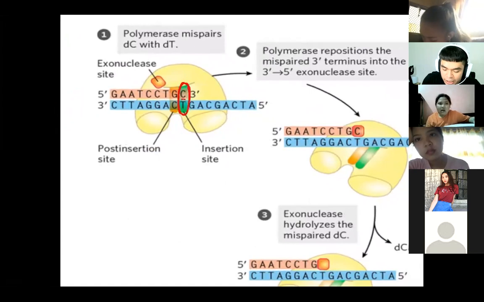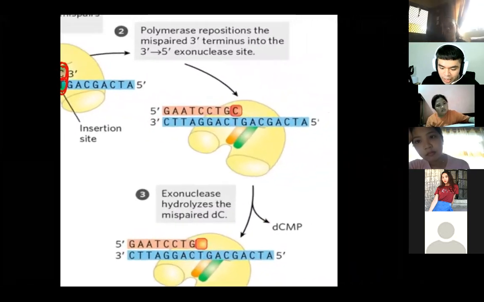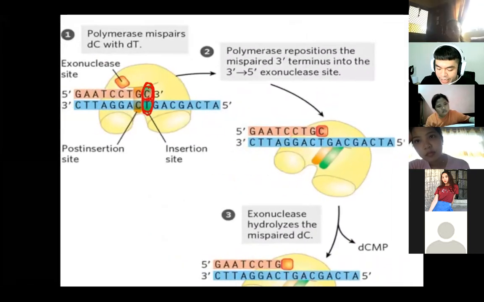Ang pinares niya raw sa thymine ay cytosine. Tama ba 'yon? Mali. Okay, so tingnan natin. Pagpunta niya dito, iniwan niya yung C. Paglipat niya sa kabila, binalikan niya. Kaya ang activity niya is pabalik, it becomes 3' to 5' kasi binalikan niya.